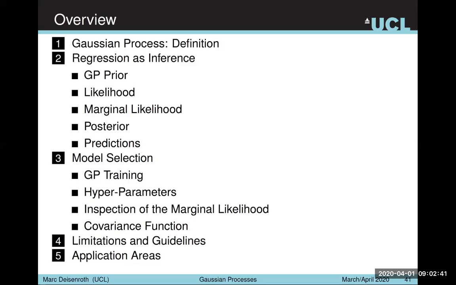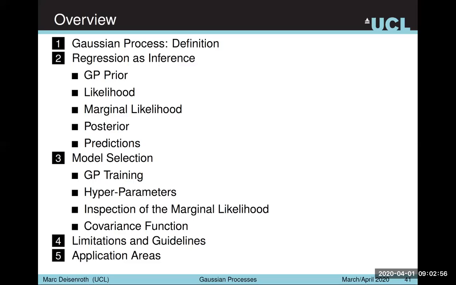So what is a Gaussian process? And then we phrased the regression problem, so finding a posterior distribution on the underlying function that we are interested in, as an inference problem.